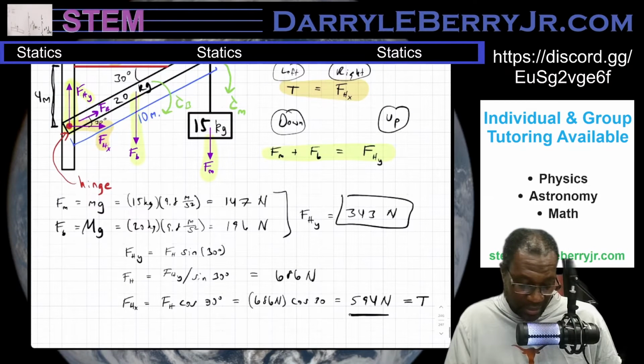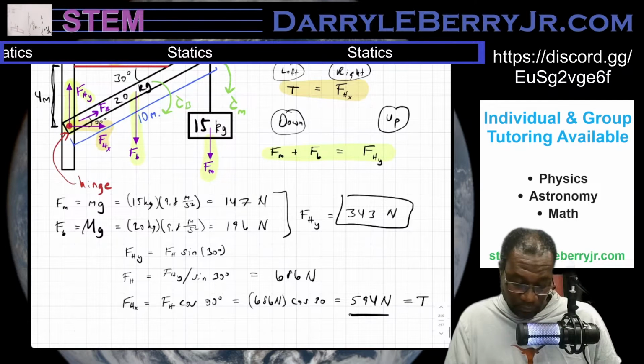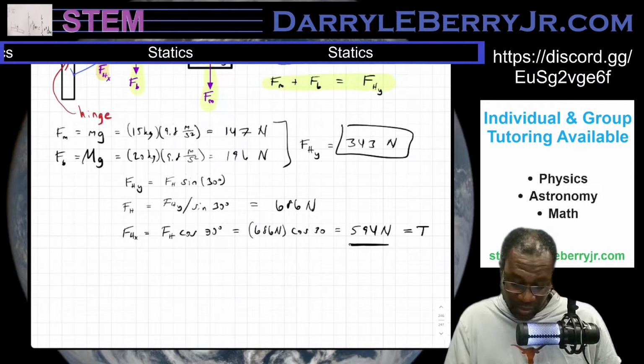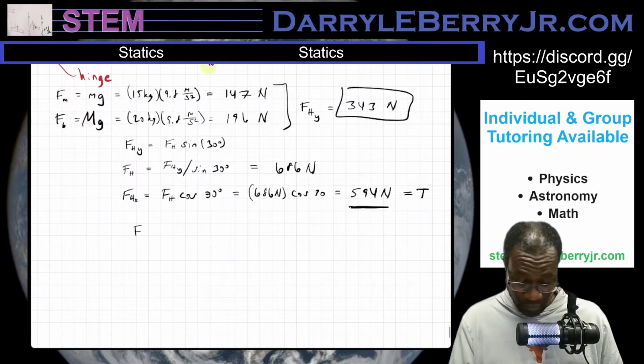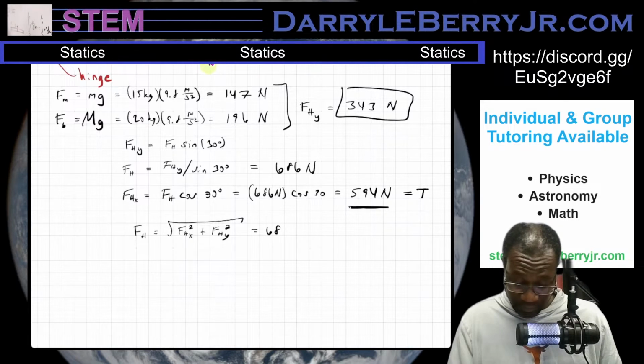Since the FHX and the FHY are components of FH, the sine thing should work, and the squared thing should work. In other words, FH equals square root of FHX squared plus FHY squared, and it does equal 686 newtons when I plugged it in.